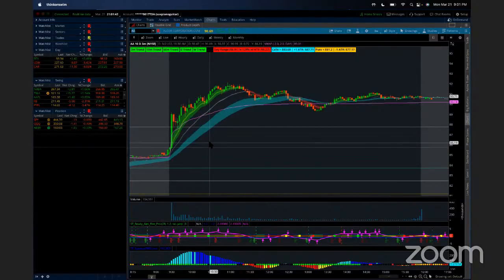It works here because it's a strong name and the macro is in favor, but it won't really work in a lot of cases. It might fail. Your risk reward is not there, so you need to enter as close to the blue line as possible for intraday trades. That would be ideal, that would be awesome.